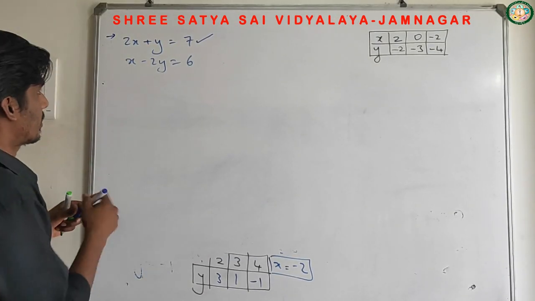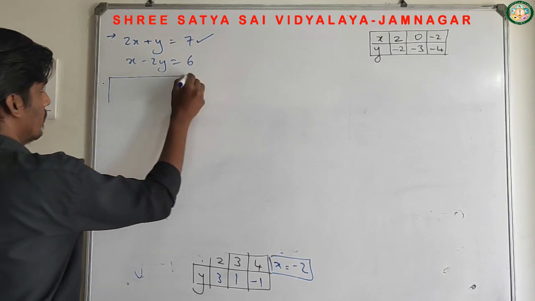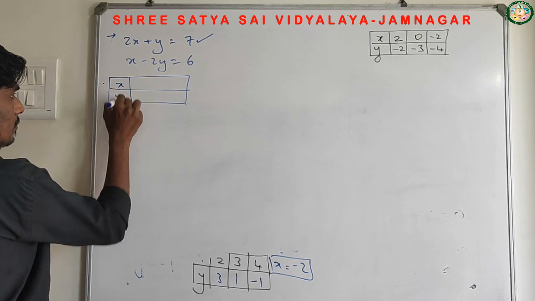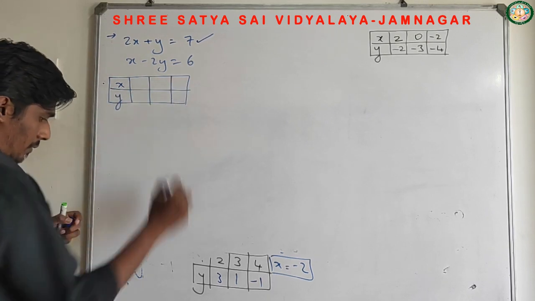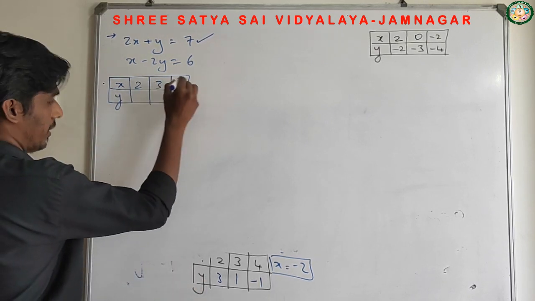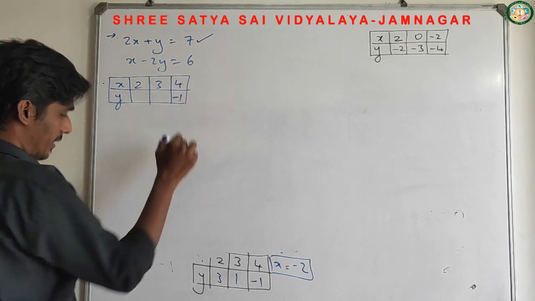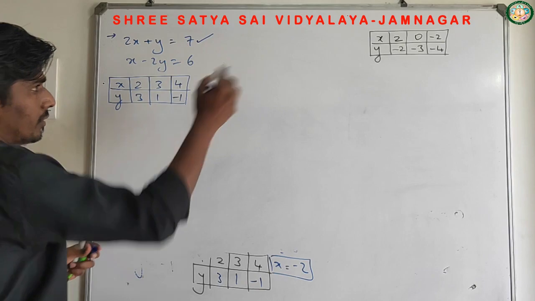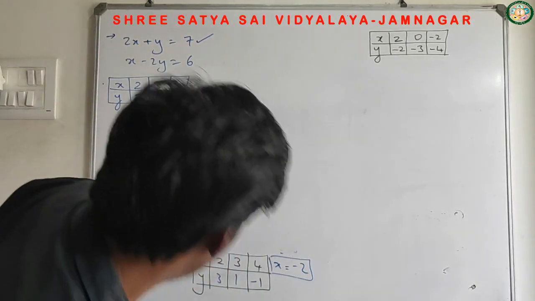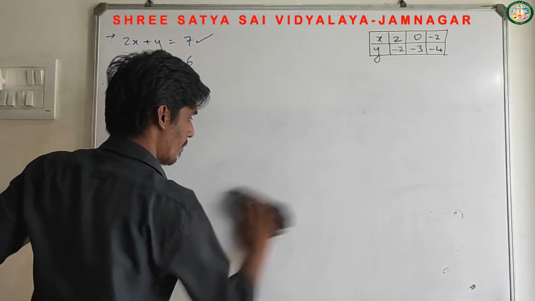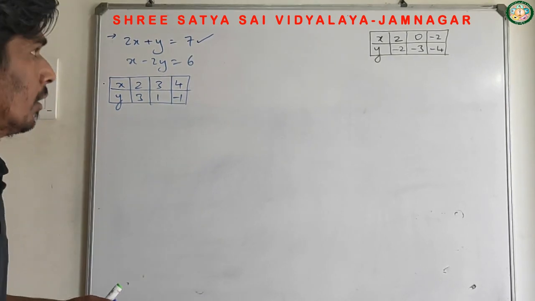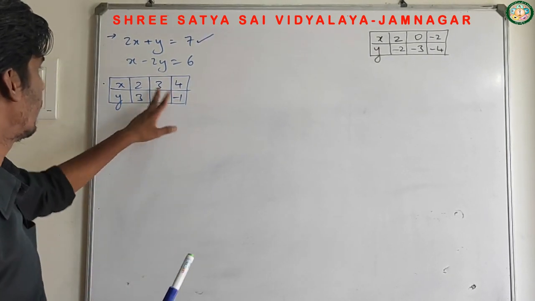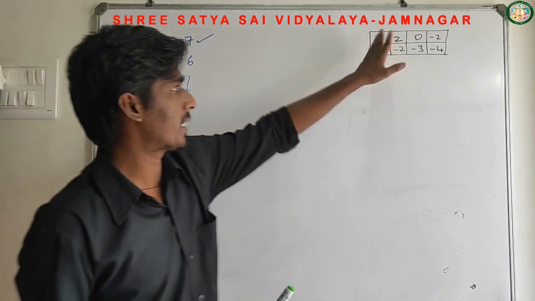Let me write down this table here. Let me copy this. 2, 3, 4, minus 1, 1 and 3. That is another one. Now if you look at both the tables, what is the maximum number here? It's 4. What is the maximum number?